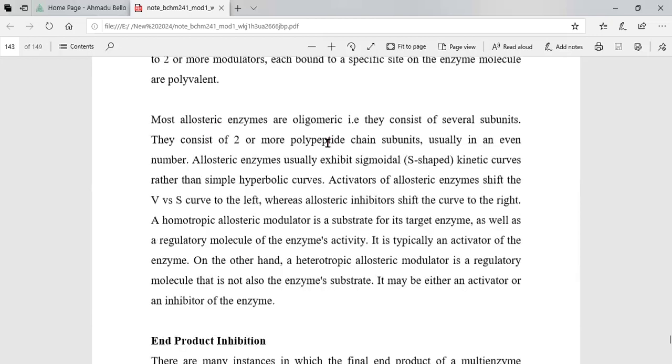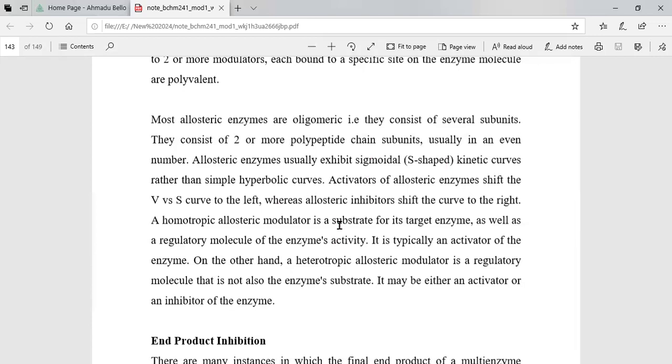Most allosteric enzymes are oligomeric. That is to say, they consist of several subunits, two or more polypeptide chain subunits, and usually in an even number. Allosteric enzymes usually exhibit a sigmoidal, S-shaped kinetic curve, rather than the simple hyperbolic curves that we see in representation of the Michaelis-Menten rate equation.